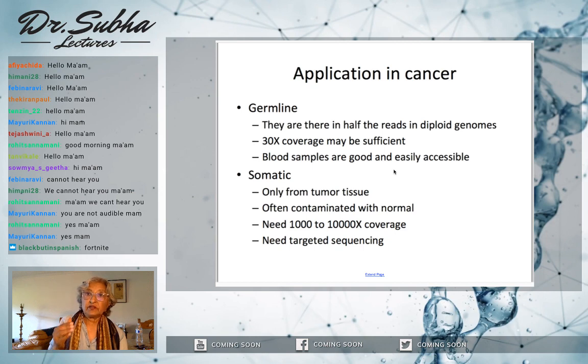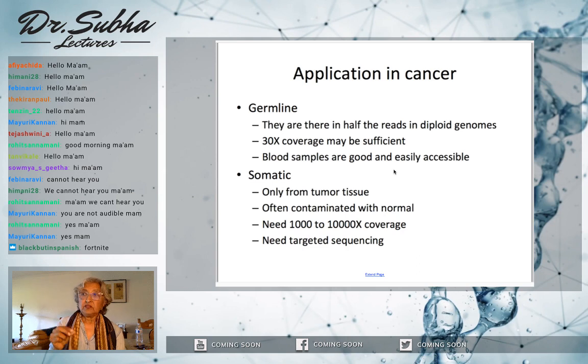So when you do 30x coverage, it means at least 15 reads. It won't be exact, because 30x coverage, as I told you in the beginning, is not uniform, because of the bias in sequencing and the bias in PCR. So at 30x coverage, you can almost expect 10 to 15 reads to carry the germline mutation.